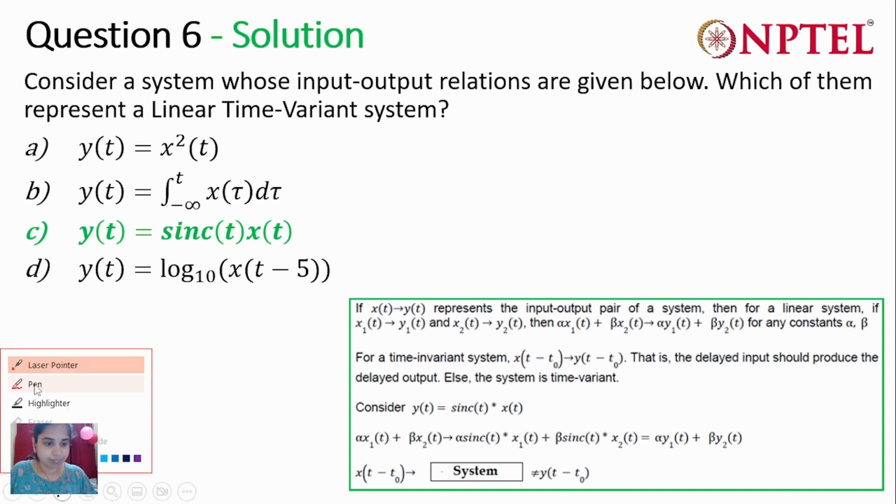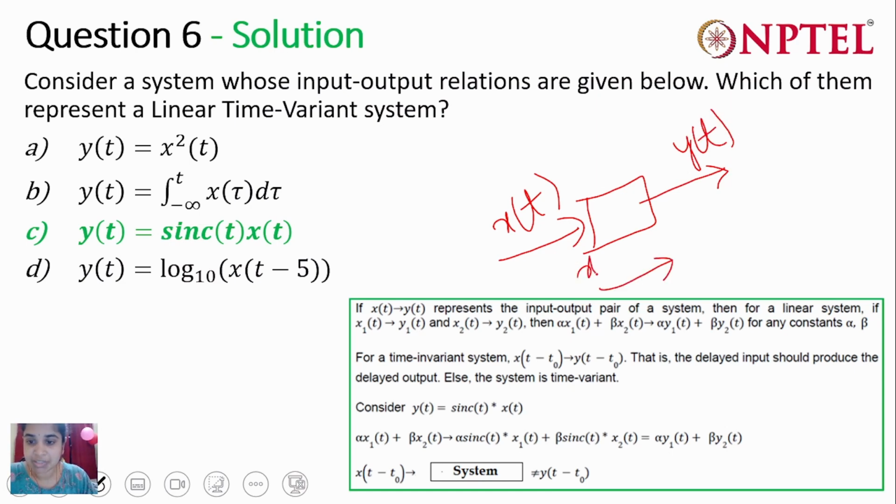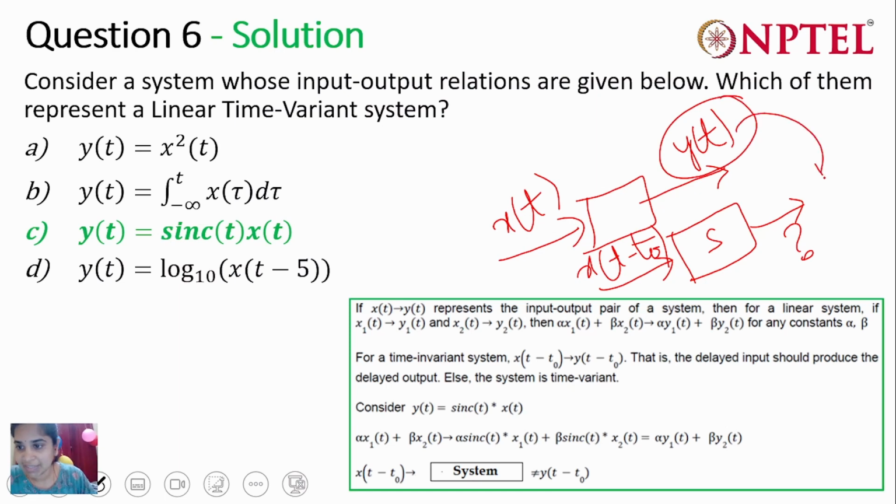For example, if x of t is the input and y of t is our output, if I delay the input by t naught and give it to the system, whatever output I get should be the same as this output delayed by the same amount, y of t minus t naught.